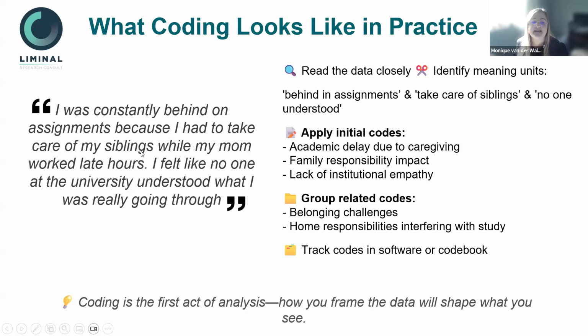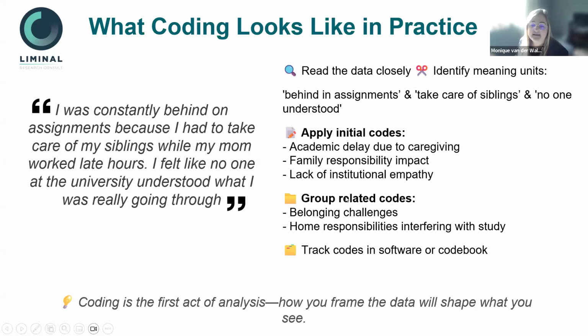But we also see that this individual felt that they are not understood within the university, and therefore could have a code of lack of institutional empathy. And eventually, if I coded all of my data, reflected, refined, and reviewed, I can then group these related codes into the broader idea, which is then our themes, such as challenges to belonging, where we focus on just how they felt misunderstood.